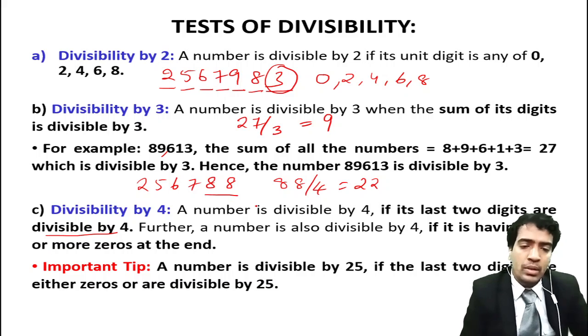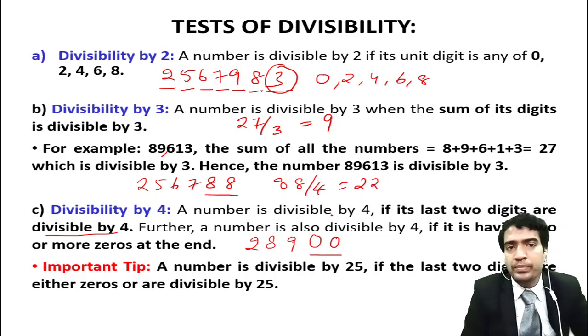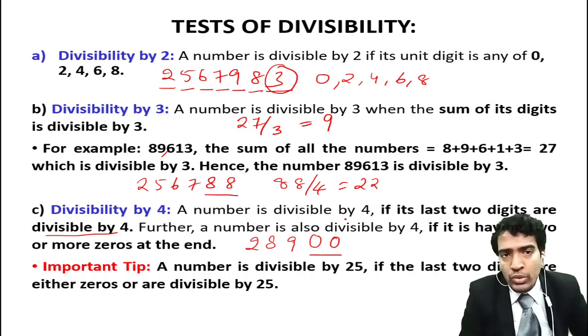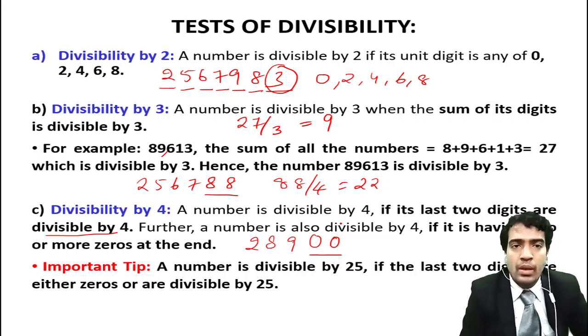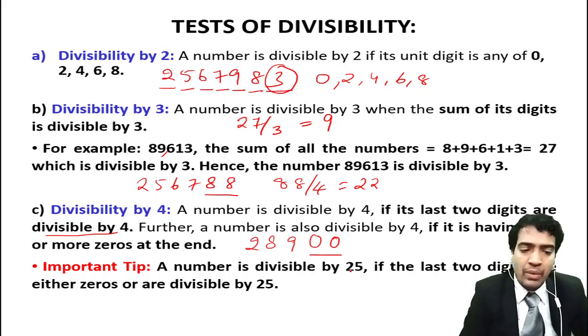There is another condition. If the last two digits are zeros, then also that number will be divisible by 4. Okay, so you can extend this also to the number 25.